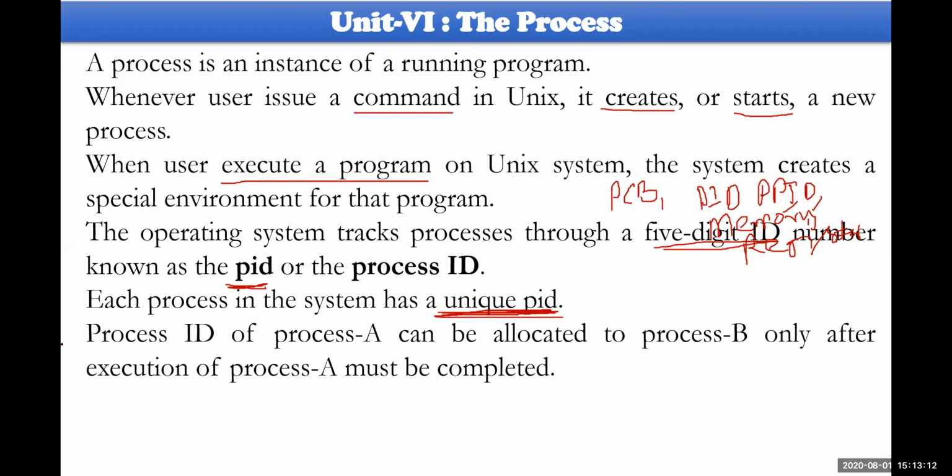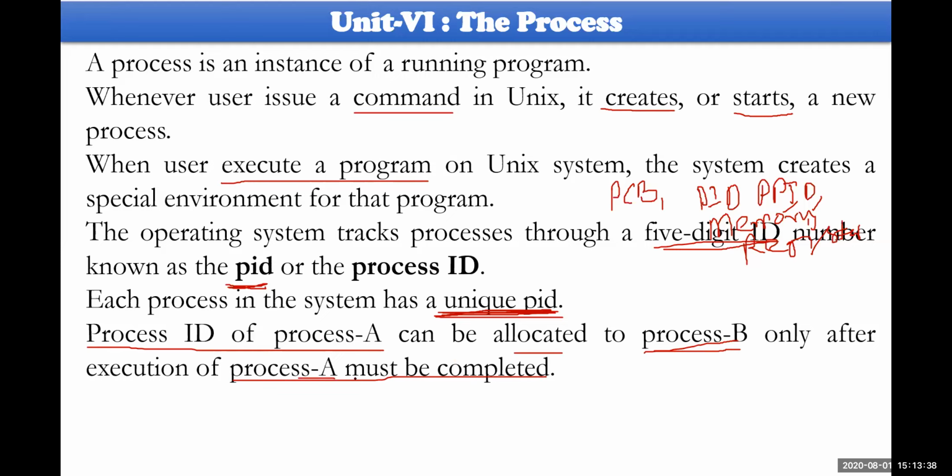So the process ID of process A can be allocated to process B only after the execution of process A is completed.